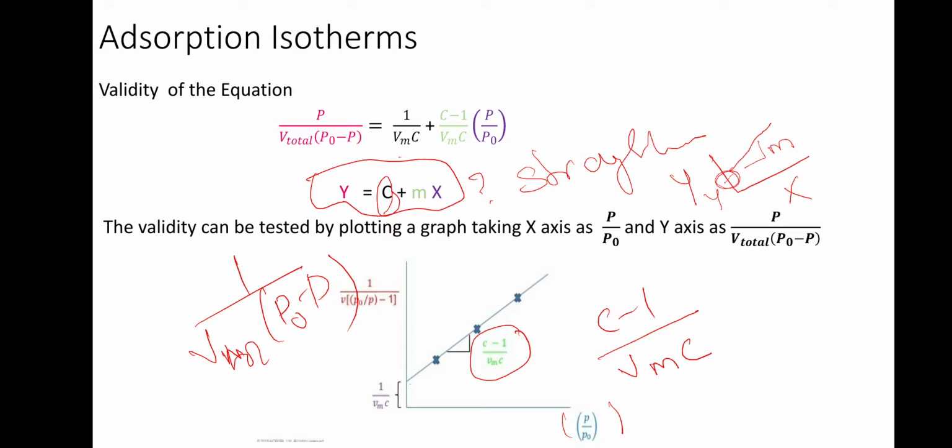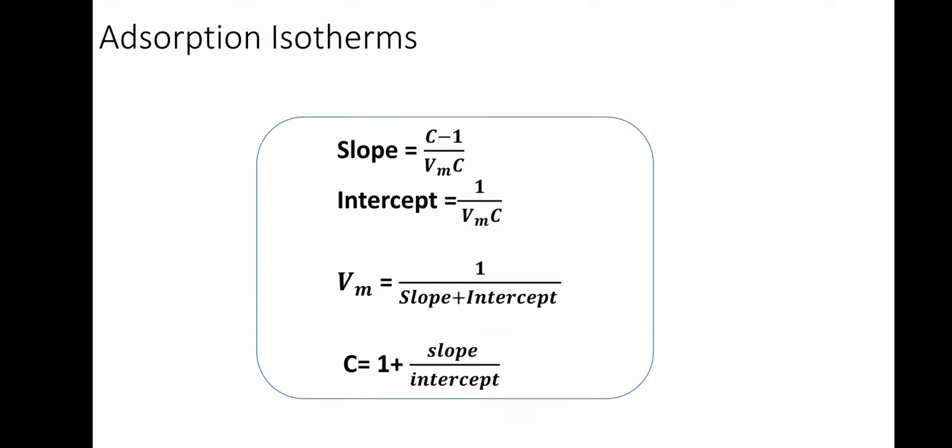When you extend it and it meets the y axis, the intercept is equal to 1 divided by VmC. So the slope is (C minus 1) divided by VmC, and the intercept is 1 by VmC.